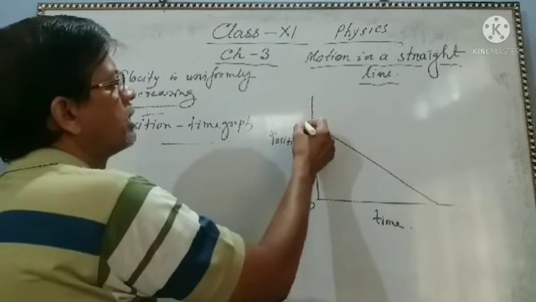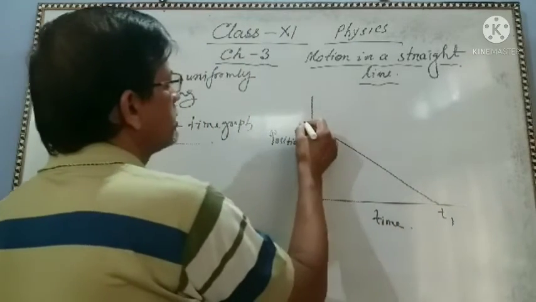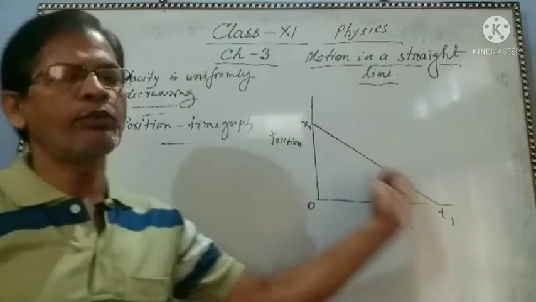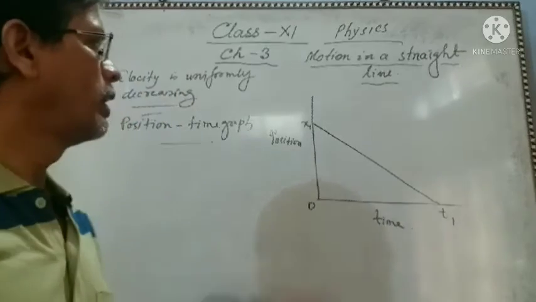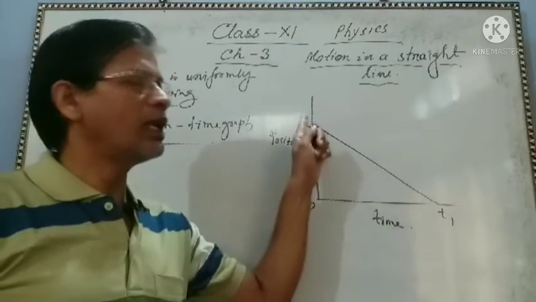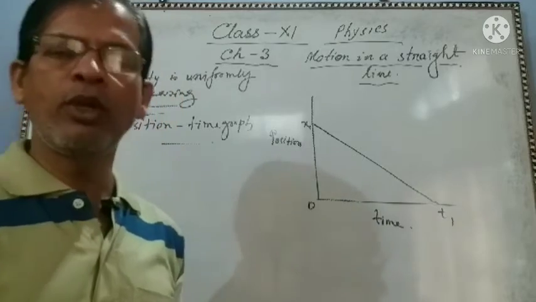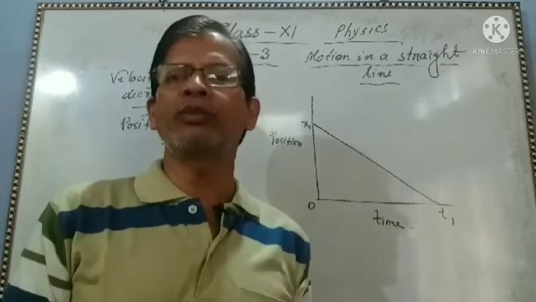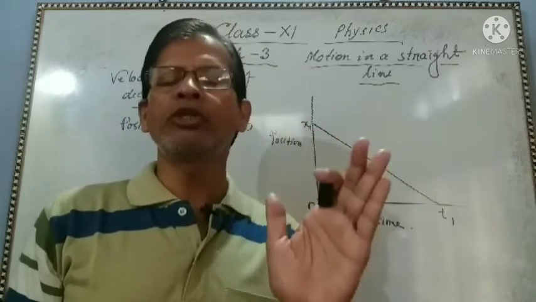Say this is T1 and this is X1. So the graph will have a negative slope. The position time graph will be like this when displacement is positive and the velocity of the body is uniformly decreasing.